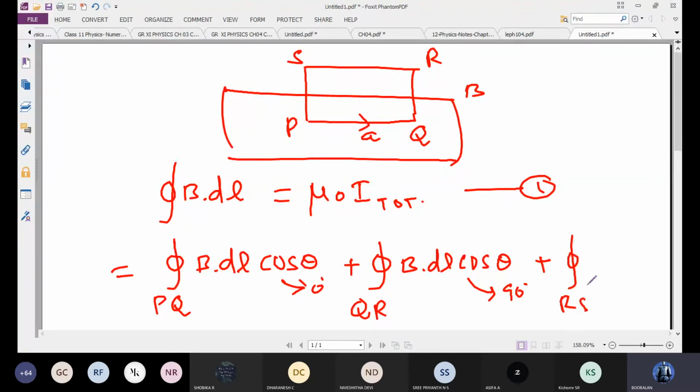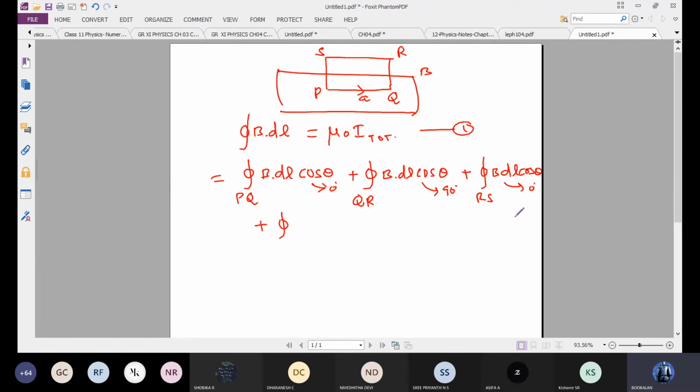Fourth, plus closed integral SP of B dot dl cos theta. This is also 90 degree.